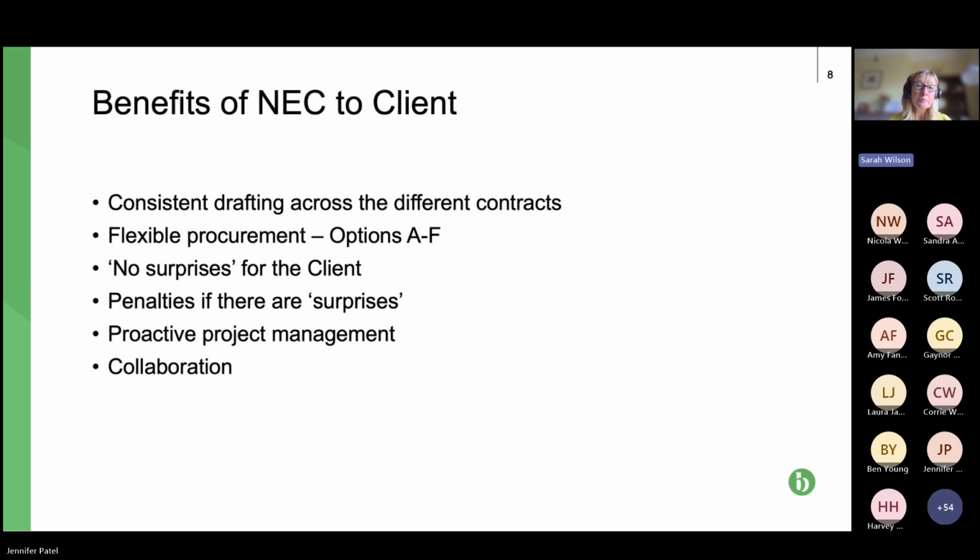So if you've got a client or a PM who isn't operating the contract properly, you can refer to the mutual trust and cooperation and say, this isn't what you're supposed to be doing. It's breach of mutual trust and cooperation. It's a breach of contract. Next slide, please.